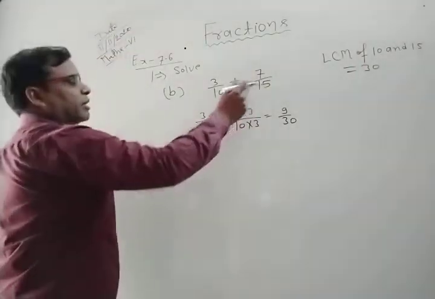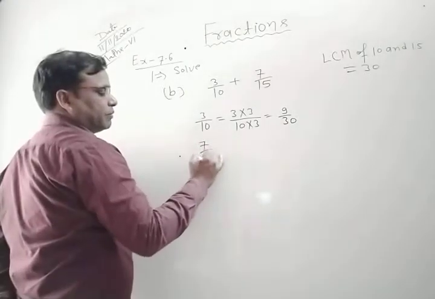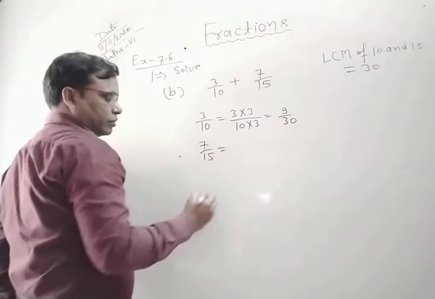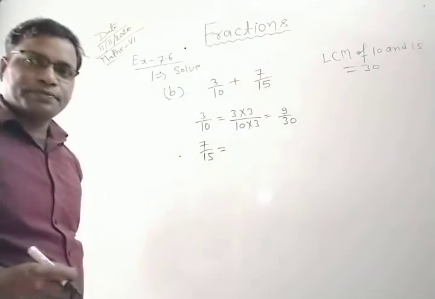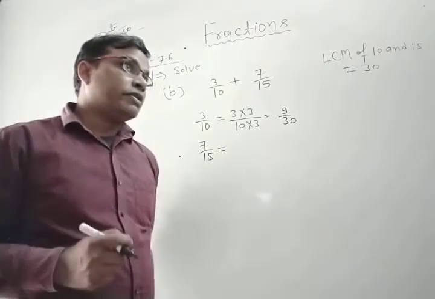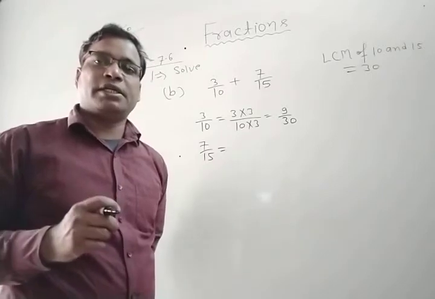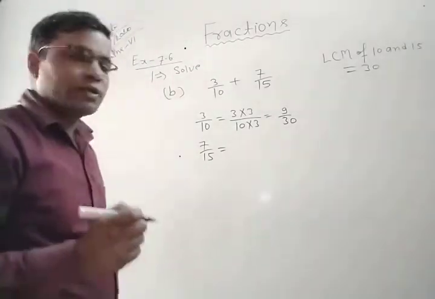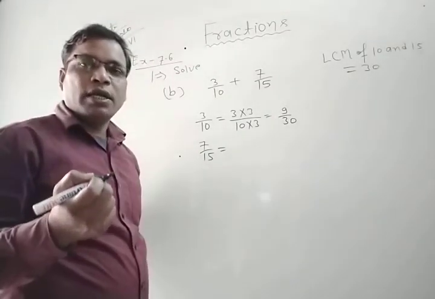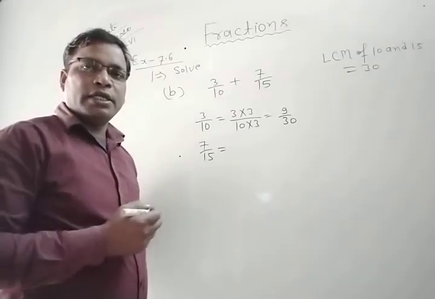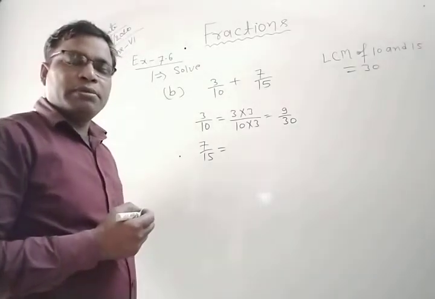And again the next fraction is 7 by 15. Here the denominator is 15. So we select a number that, multiplied with the denominator, becomes 30. Obviously you can say 2. If you multiply by 2 in the denominator, it becomes 30.